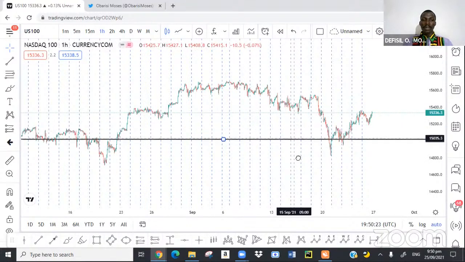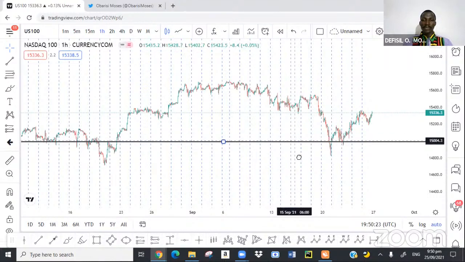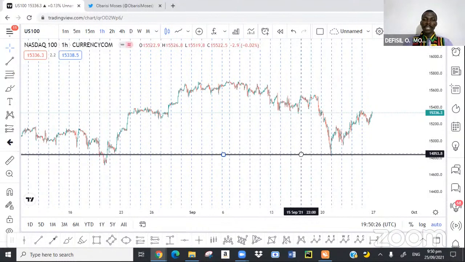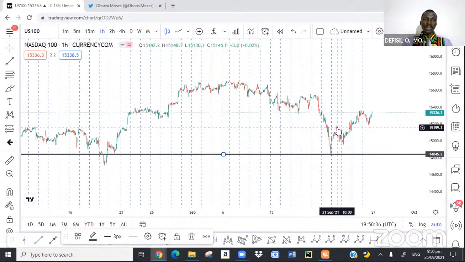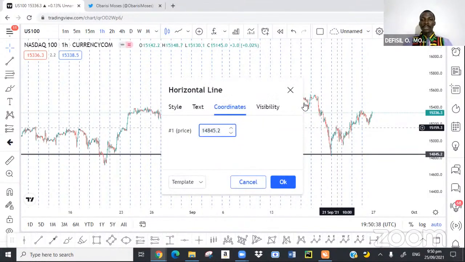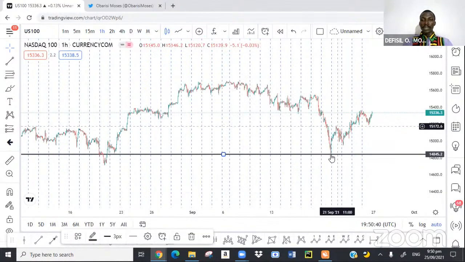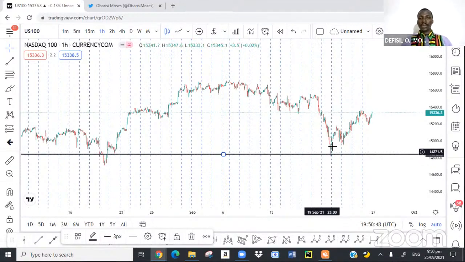It came down all the way to this level before it reversed. If we zoom back to the daily time frame, you see that all of this between this area and this area will be capped within the same region.